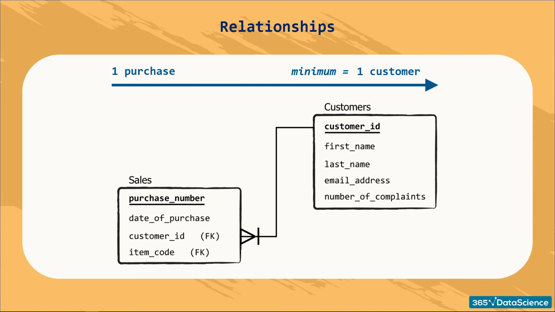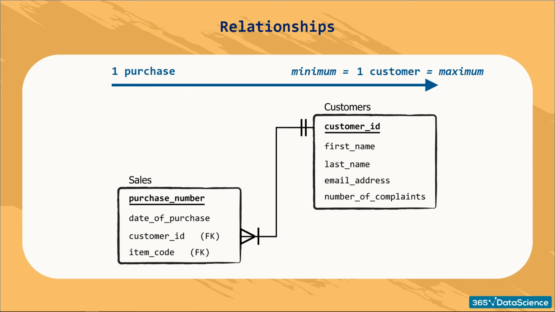At the same time, we just said that for a given purchase, we cannot have more than one buyer, meaning that the maximum number of instances from sales associated with customers is also 1. Therefore, for every purchase, we can obtain the name, email, and number of complaints data for one customer, and we represent this logic by drawing a line for the minimum and a line for the maximum.